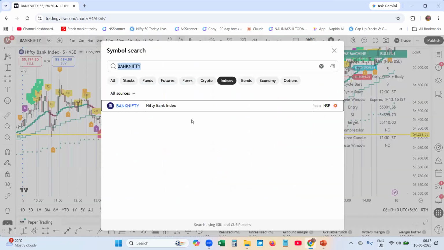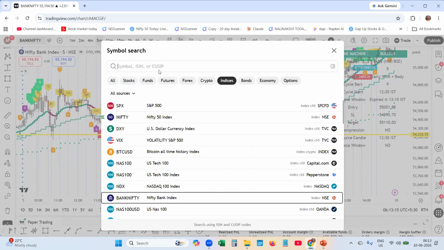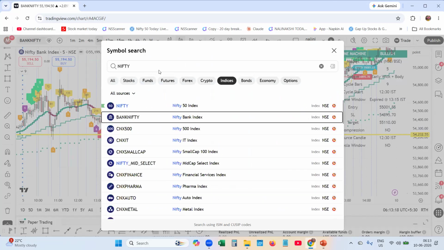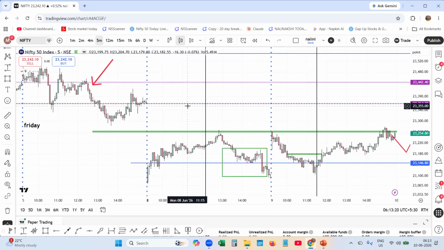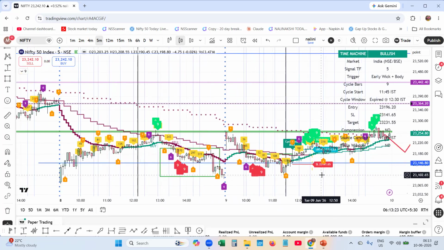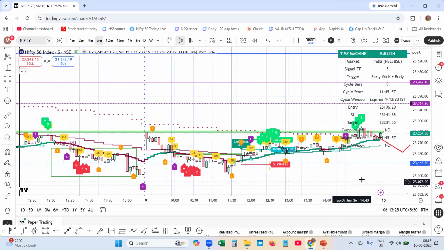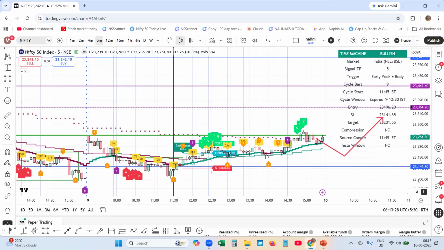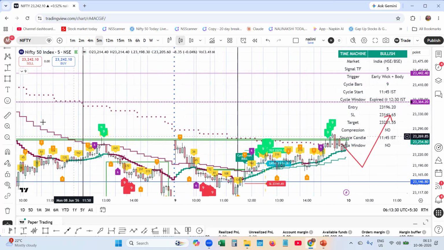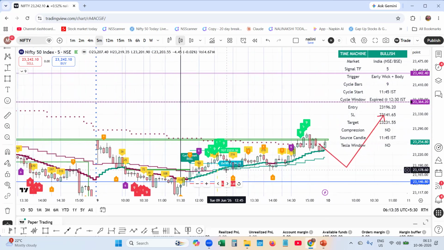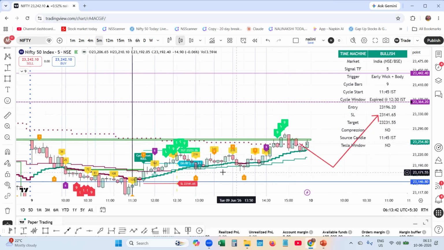Same thing is happening in our Nifty. It is building energy over here. You can see over here all the trend. The 15-minute was in red, magenta color. And this was the BTST trade.